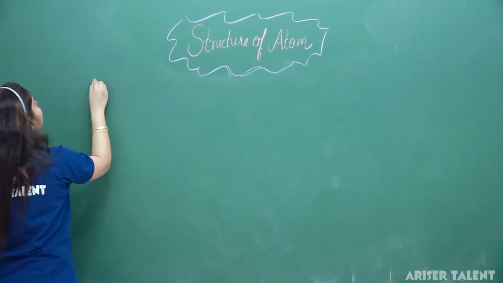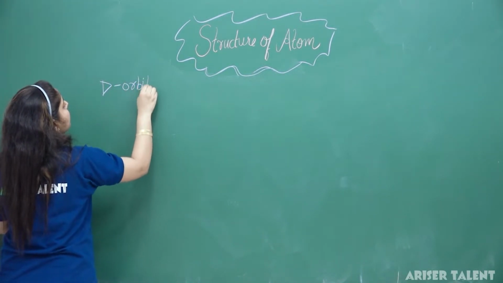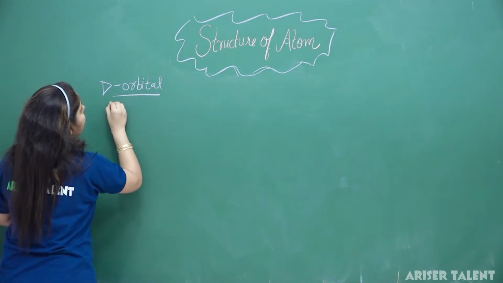Now in the magnetic quantum number, we are on our third category, the d orbital.